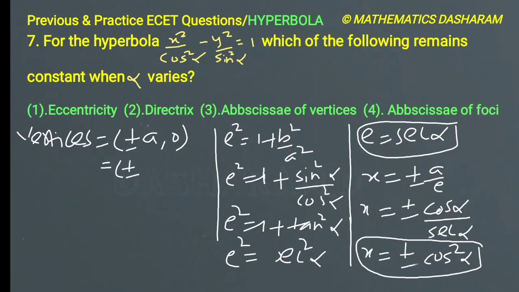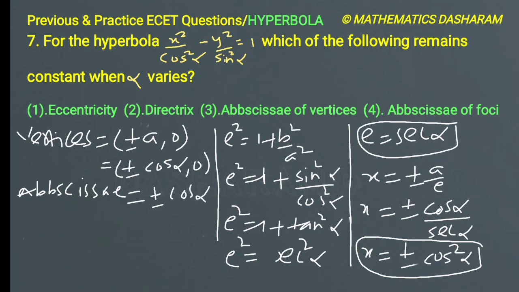Plus or minus a value is (cos alpha, 0). Then in this the abscissa is what? Plus or minus cos alpha.